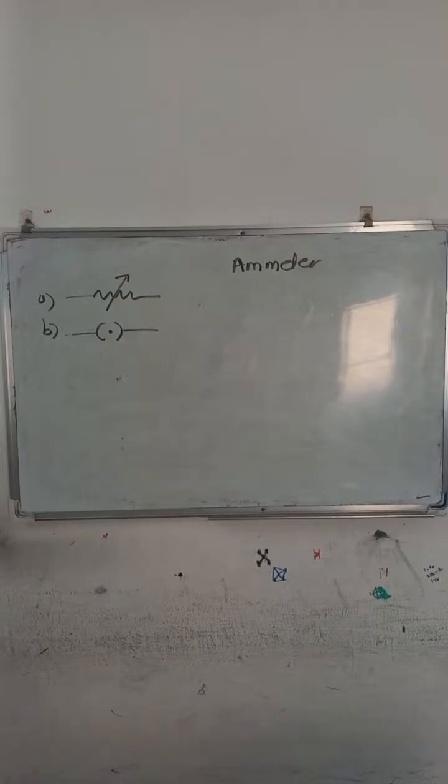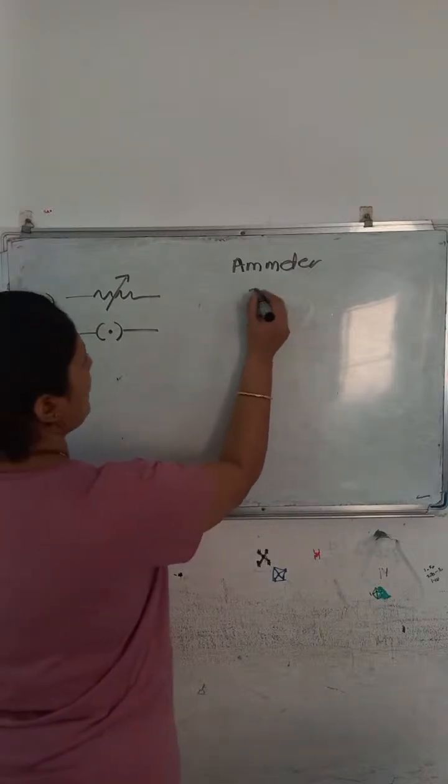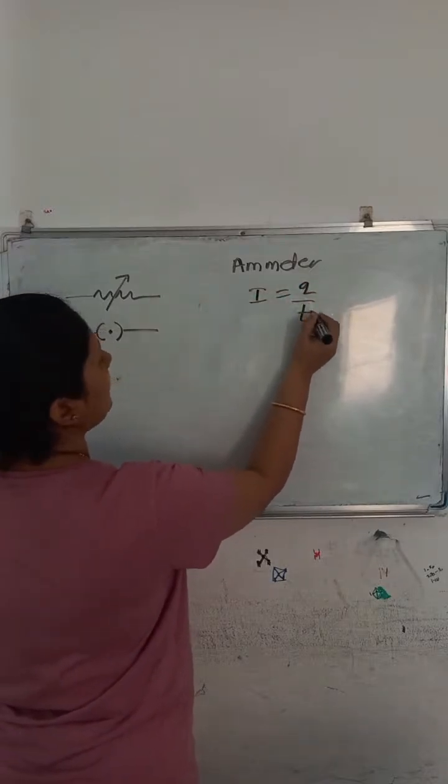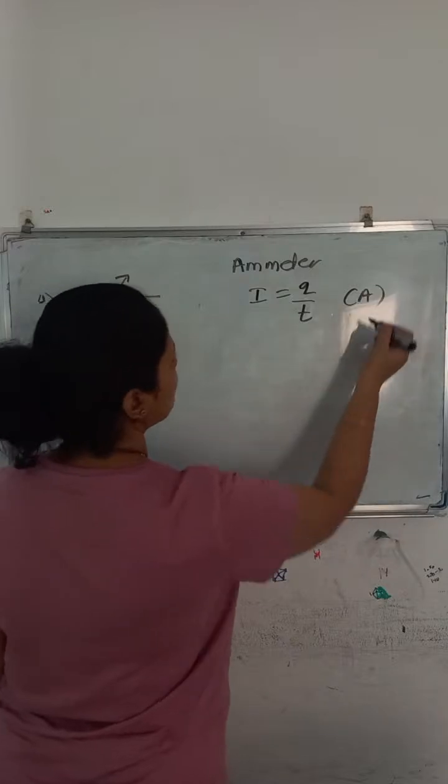We can say that if 1 coulomb of charge is flowing through the given cross section of a conductor for a given period of time, that constitutes the current. I gave this formula also, I is equal to Q by T. So current we are measuring in amperes with the help of the device ammeter.